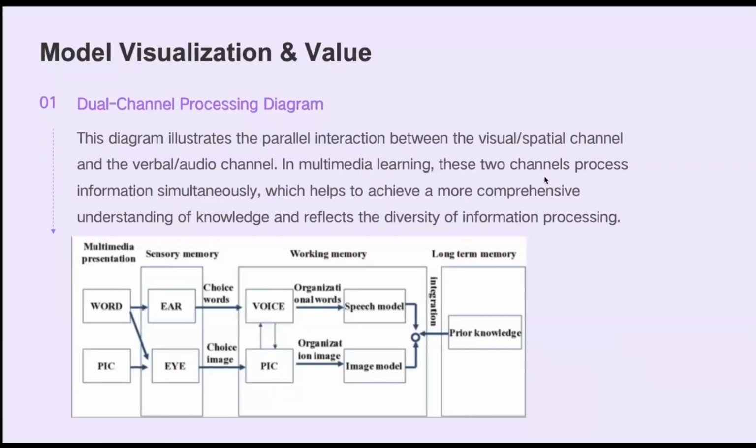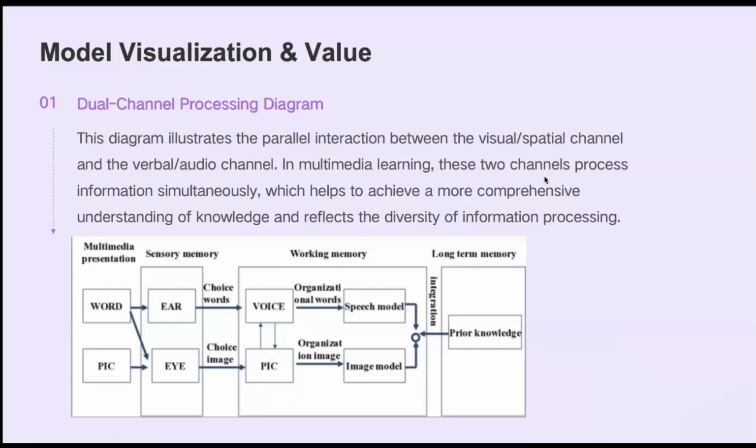In multimedia learning, the visual spatial channel is mainly responsible for processing spatial information, such as images, animations, and graphics, which is received through the visual sense. The verbal audio channel is mainly responsible for processing verbal information, such as text, narrations, and dialogue, which is received through the auditory sense.